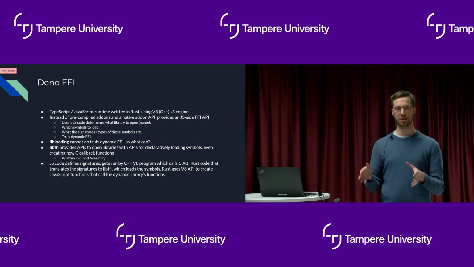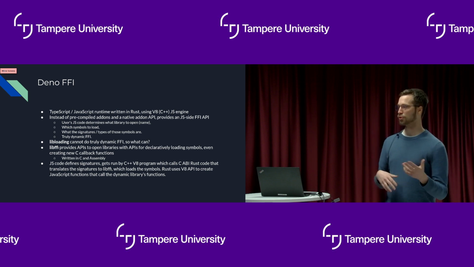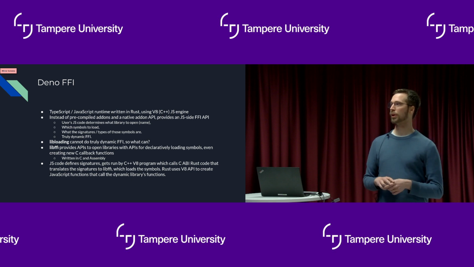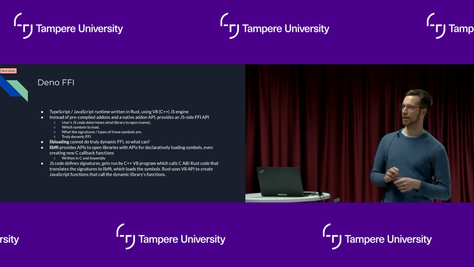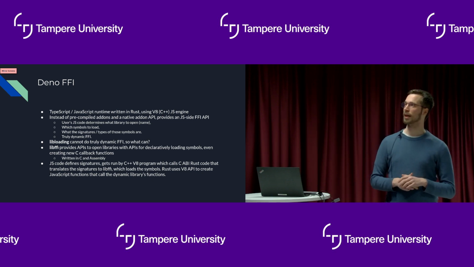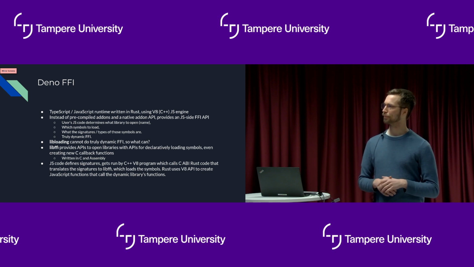It cannot say this is going to be a function taking 2 parameters. So we can't do that with libloading. We need to use libffi. Libffi is itself a foreign function interface library, a C library available through a Rust crate.